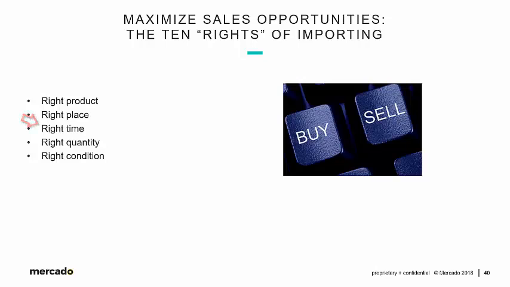Next bullet point, right quantity. We not only have to have the right product, what the customer wants, but the right SKU, stock keeping unit, which is to say, does the product come in a pack of a dozen? Does it come as a single? Might it be by the thousands that a customer wants to buy? We have to have the right quantity and in the right condition.